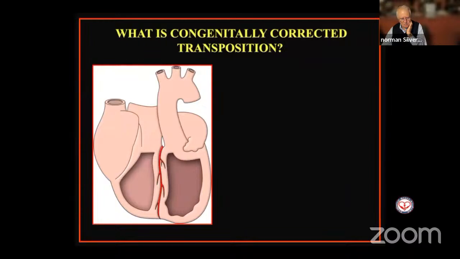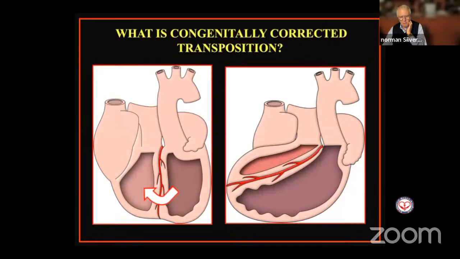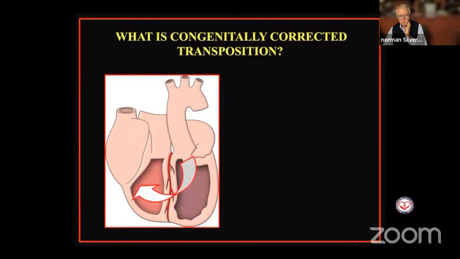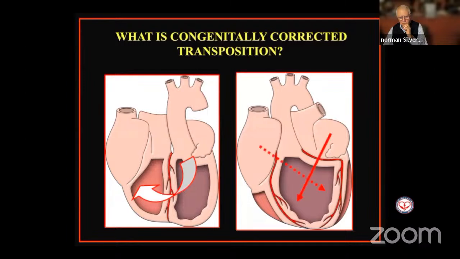So if we take the typical situation and we tilt the ventricular mass rightwards, that gives us supero-inferior ventricles. The other problem is twisting of the ventricular mass, and this is what gives us crisscrossing of the atrioventricular connections. And if you look carefully at the diagram I produced, you see now we have a right-sided aorta.